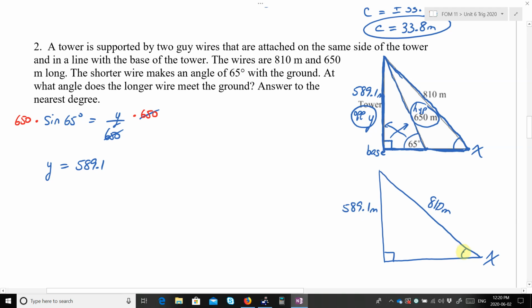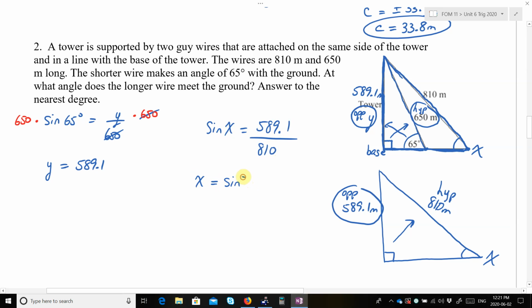And then we can go, hey, the side over here is opposite angle x, and across from the 90 is the hypotenuse, so I'm going to use sine again, and say sine of angle x is equal to 589.1 divided by 810.